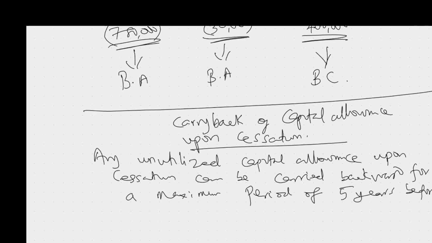So when a company ceases operation and they have capital allowance that they've not recouped, the Act says they can carry backward for a maximum period of 5 years.